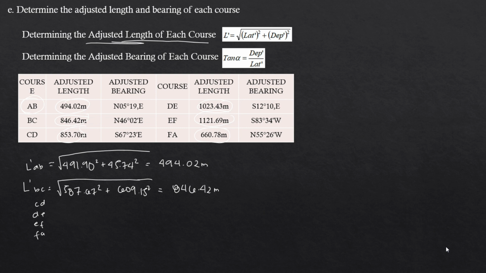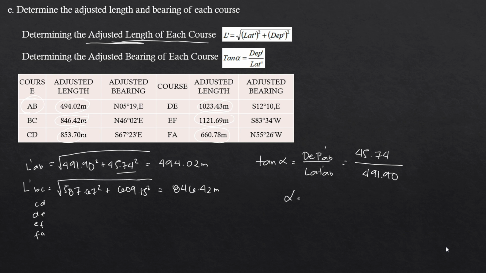Ngayon, itong sa bearing. So, meron tayong tangent alpha is equal to departure ng given na yon, sabihin natin AB muna, then corrected latitude ng AB. So, departure natin ito, 45.74 over 491.90.